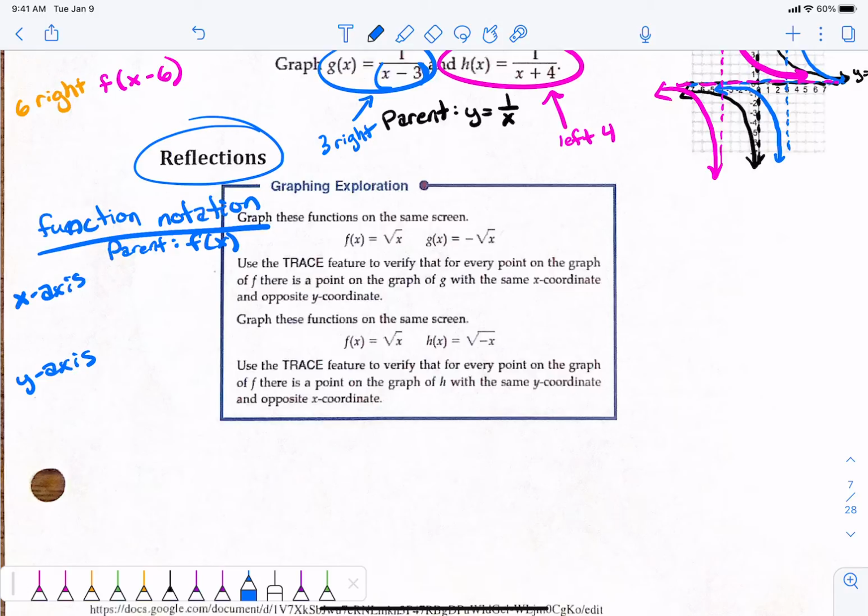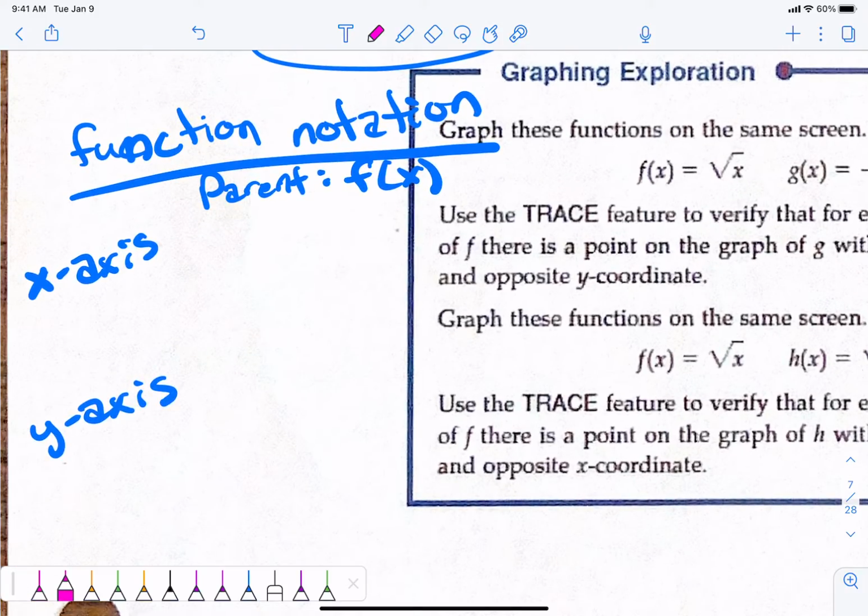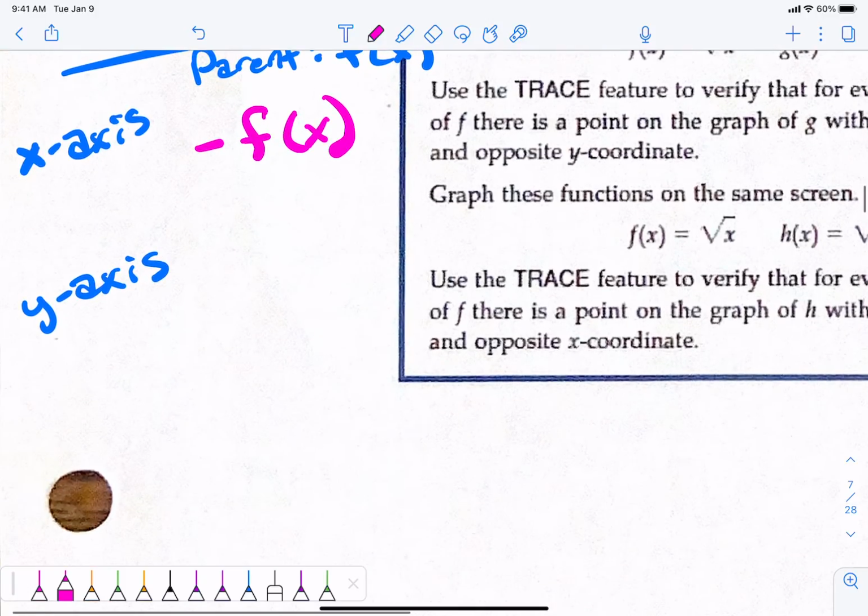The difference between an x-axis reflection and a y-axis reflection is where you put the negative. If it's x-axis, does the negative go inside or outside? Outside. So this will become negative f of x. Versus, what will it look like for y? Inside. So f of negative x.